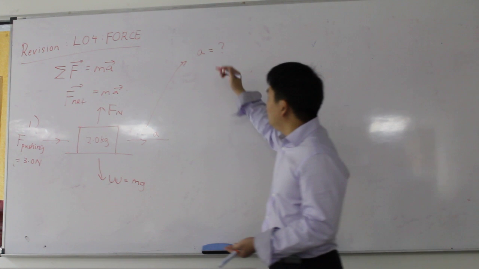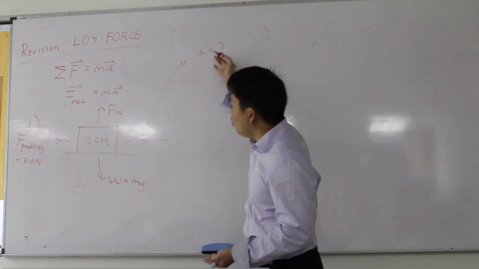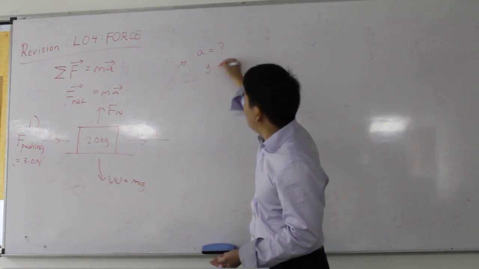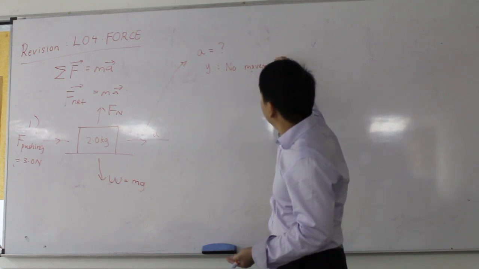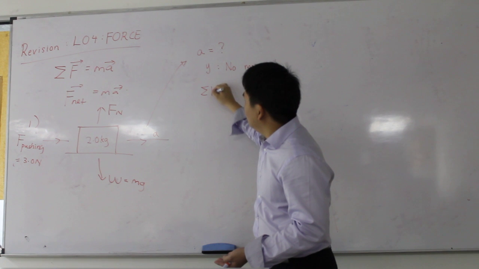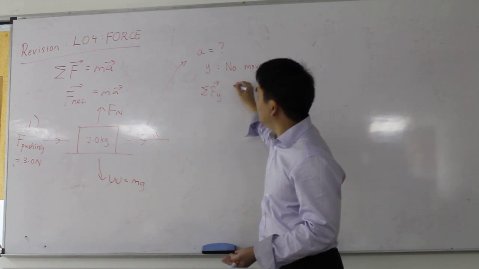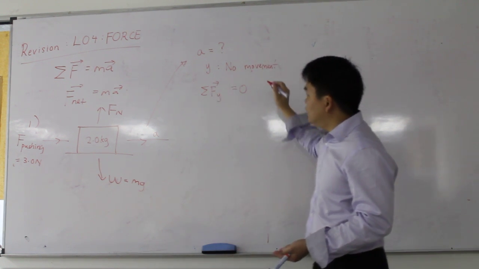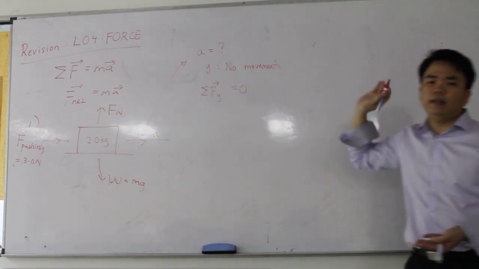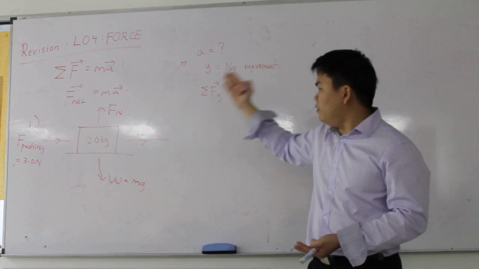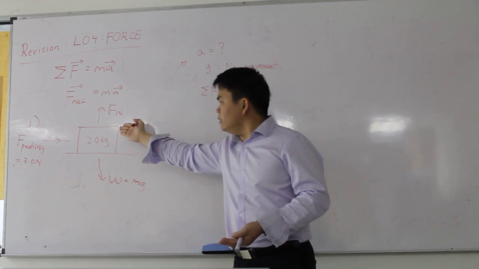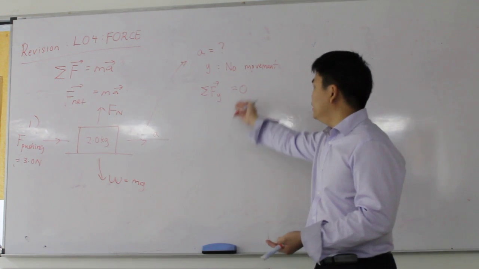So for the y component, no movement. If no movement, then we can consider that sigma Fy is 0. 0 indicates either it is static or it is moving at a constant velocity. And for this case, because it is static, we put it 0.